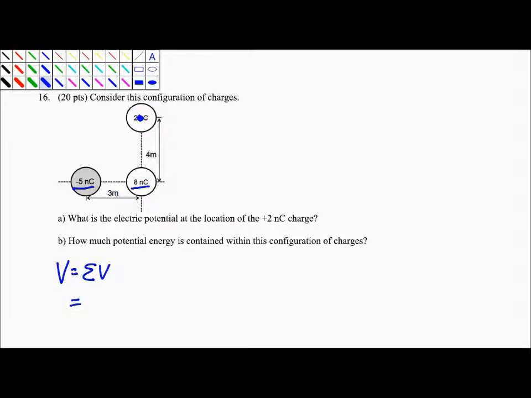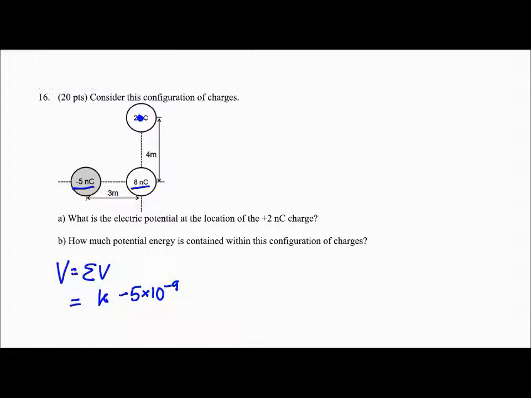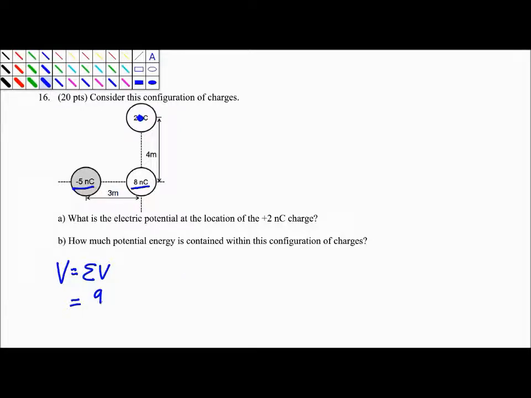So that is going to be K times -5 times 10 to the -9. So let me go ahead and write all these out. 9 times 10 to the 9th, that's K, times Q, which is -5 times 10 to the -9, divided by R. That's this distance.